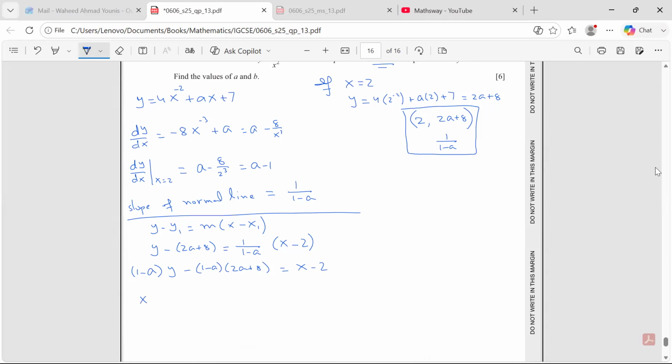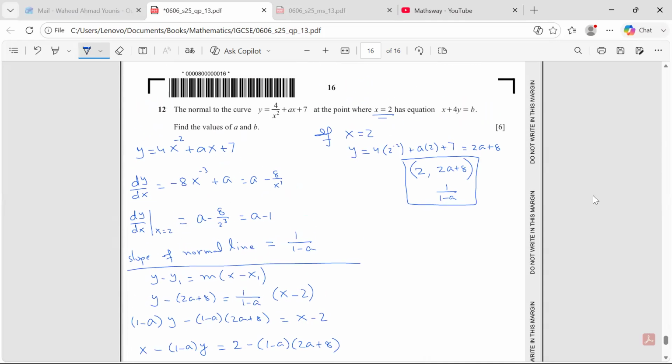I will say x, and if I take it on the other side, it will be minus 1 minus a times y, equals, I will bring 2 on the other side, 2 minus 1 minus a into 2a plus 8. Okay, so I wrote this equation in this form.